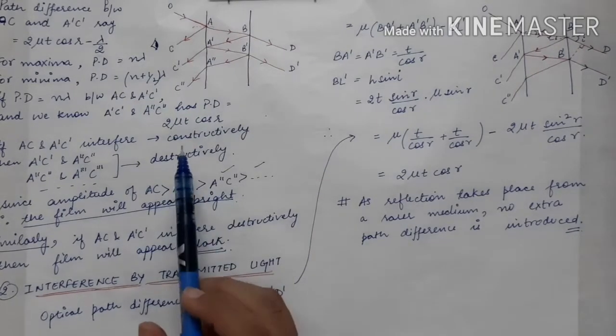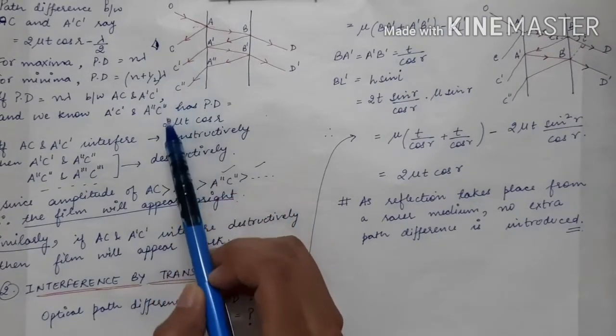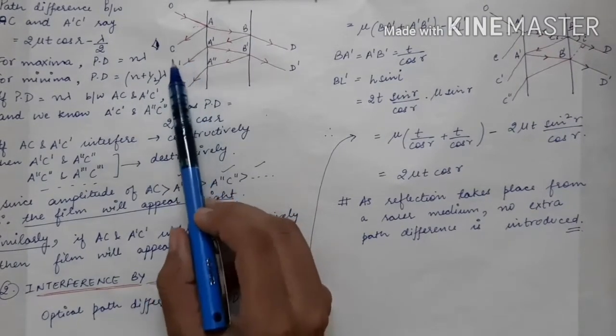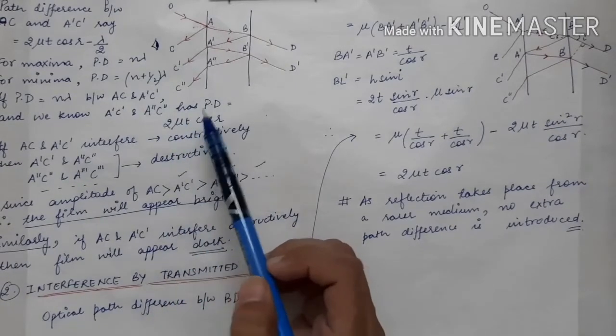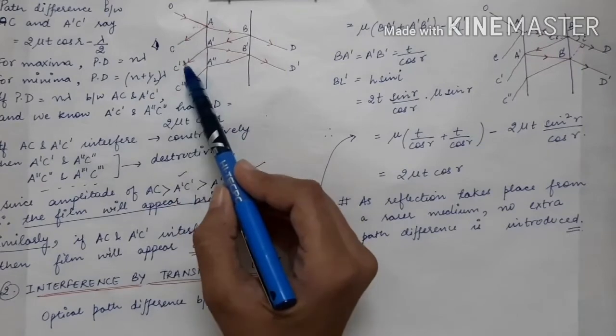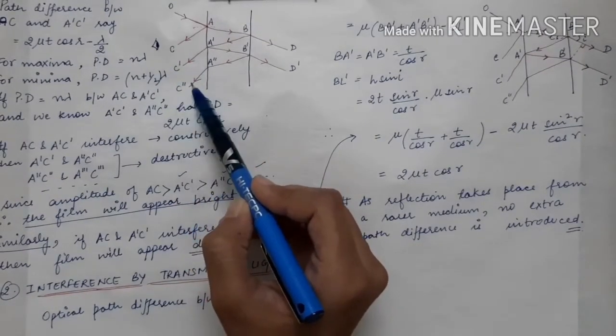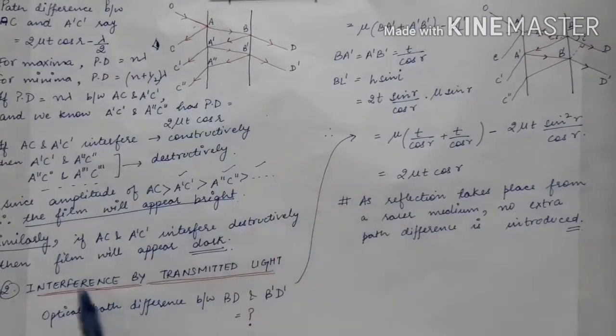So the amplitude of the reflected rays keeps on decreasing with every successive reflected ray. The amplitude of the first ray will be greater than the second, and the second ray's amplitude will be greater than that of the third, and so on.